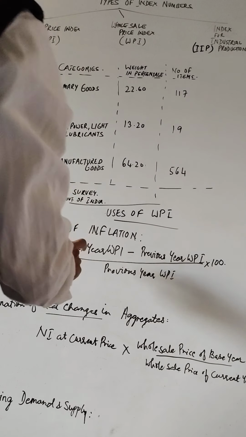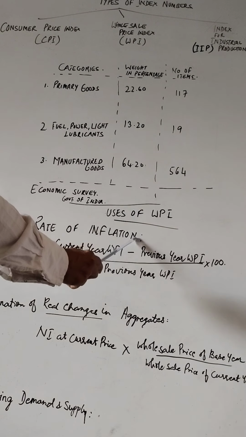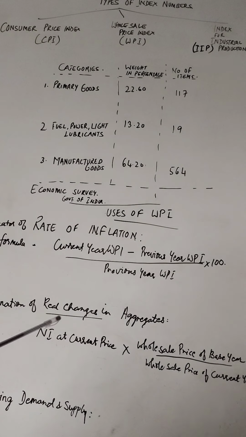Okay, now what are the uses of the wholesale price index? That is the question. So basically the wholesale price index is an indicator of the rate of inflation. How do they do that?